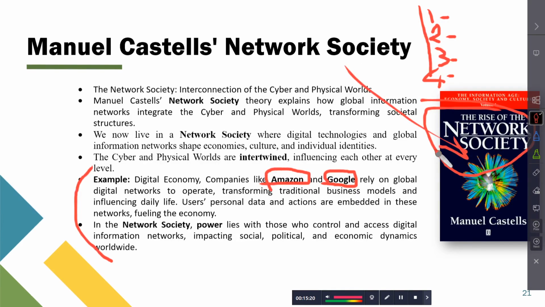Or a smart city, another example: urban areas increasingly filled with interconnected sensors and data analytics. Global financial markets, with high-frequency trading algorithms operating through a global network environment, making decisions in microseconds. So network society theory really helps us understand the profound ways in which the cyber world is reshaping our society and economy.